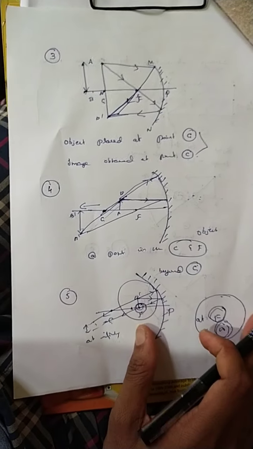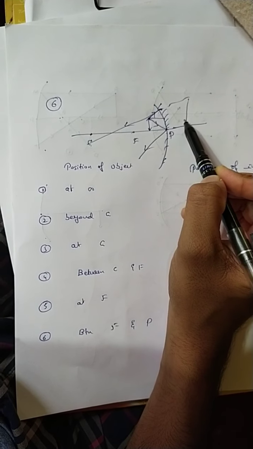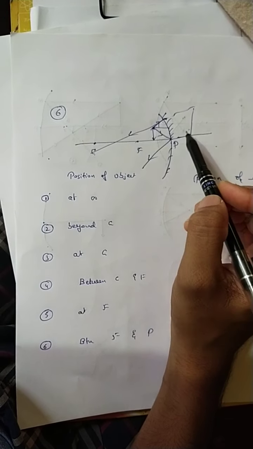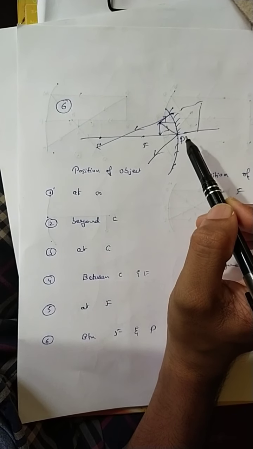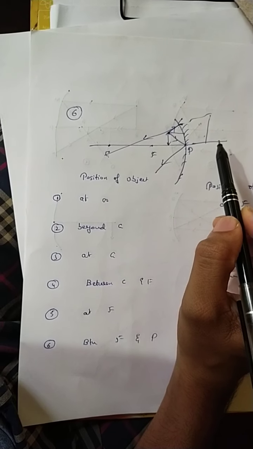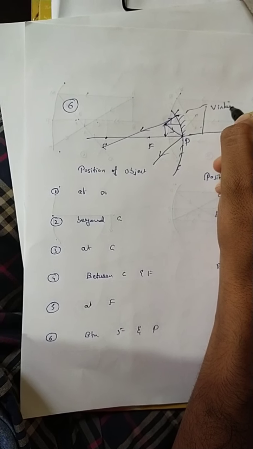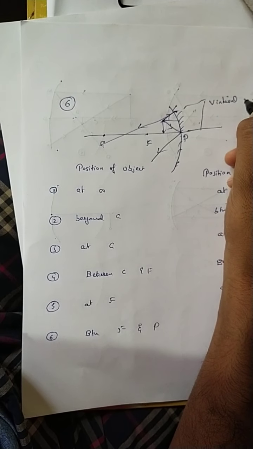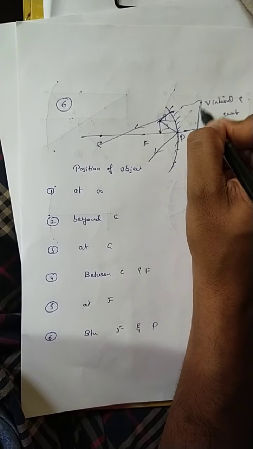Only in the last diagram, the image is virtual. Why? Because the image is obtained on the other side of the mirror, so it is called a virtual image, and erect.